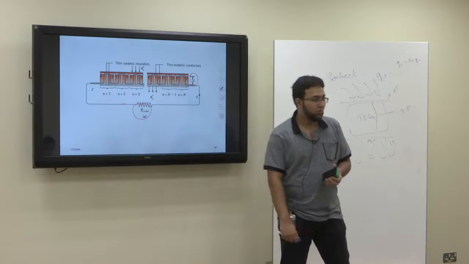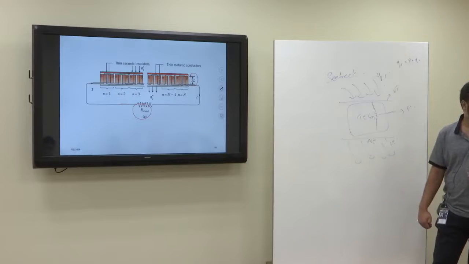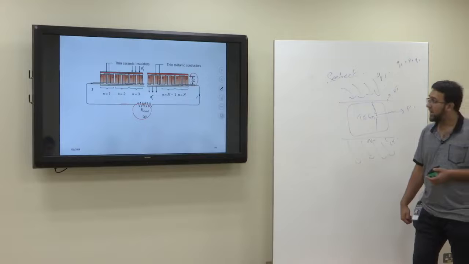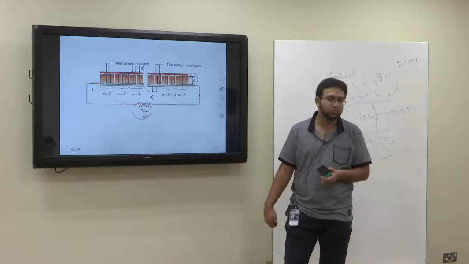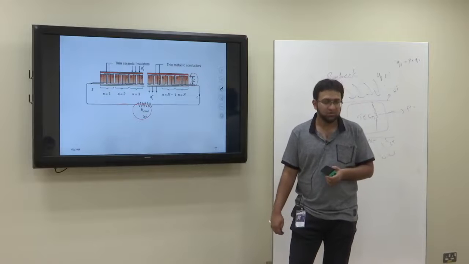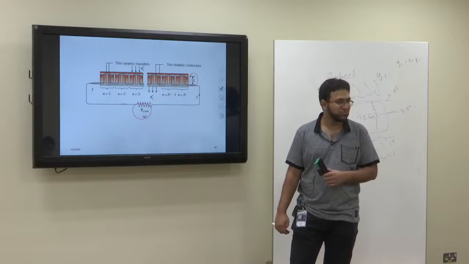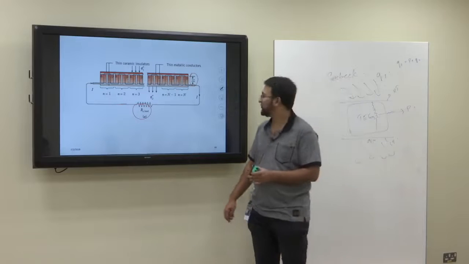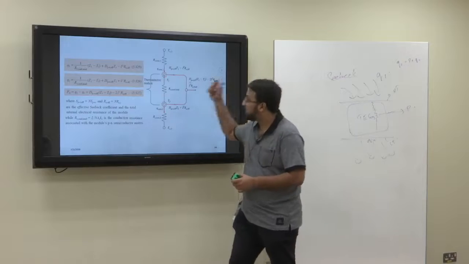So the problem solution becomes a bit more complicated here. Anyways, we are not going to derive the formulas. We are going to use the end results. The derivation is there in the book, and you are free to look into it if you want. These are the end results.